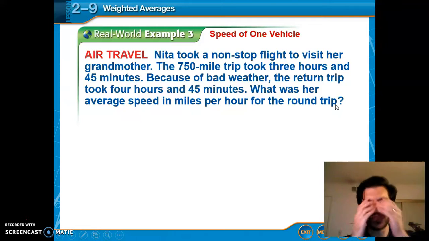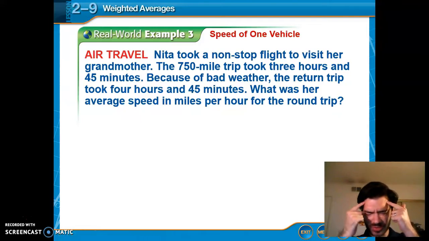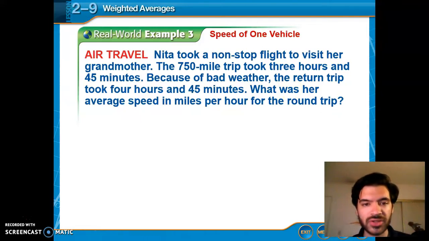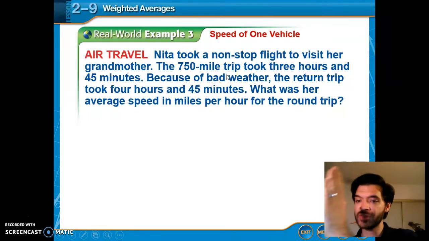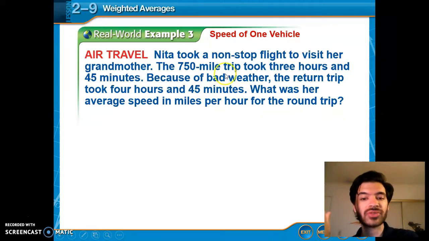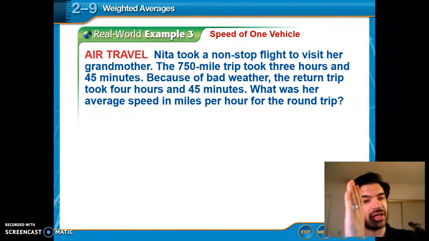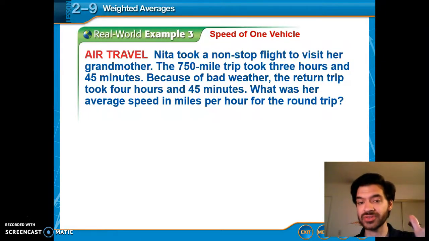So let's take a moment to think about this. She has to travel 750 miles both ways. On the way over, 750 miles, she does it in 3 hours and 45 minutes. Then, on the return, she goes 750 miles again, but this time it takes longer, 4 hours and 45 minutes.